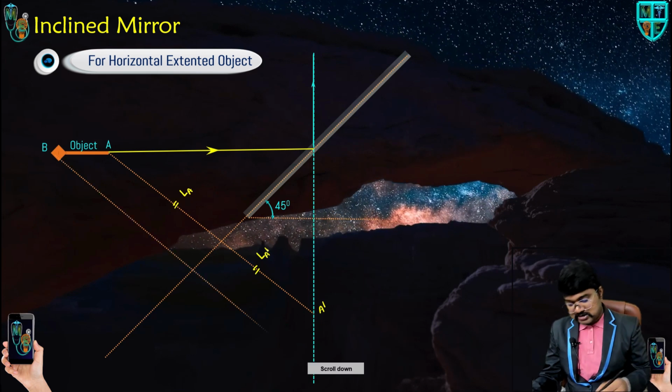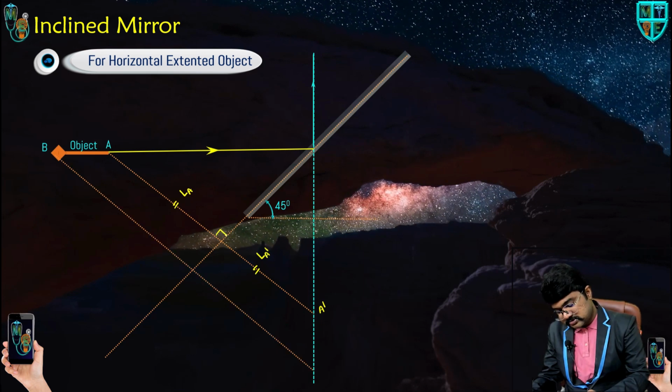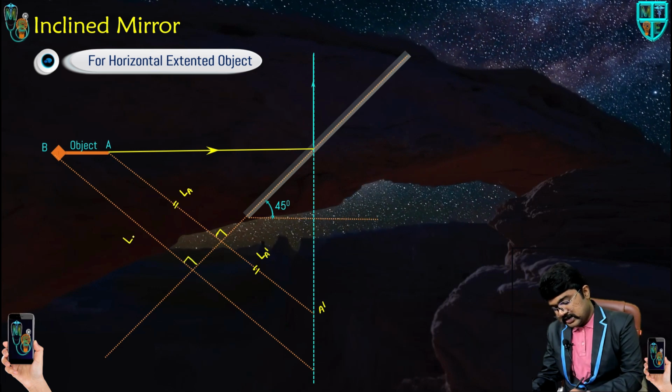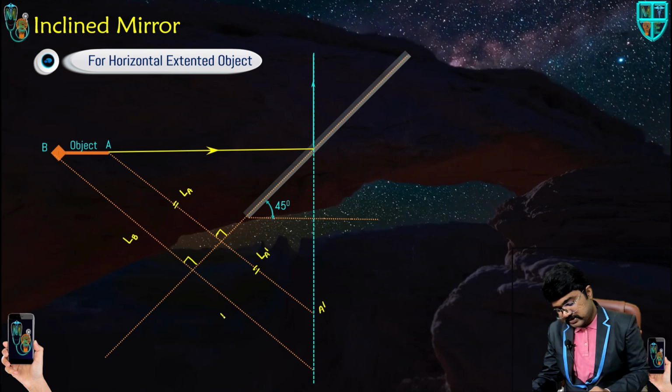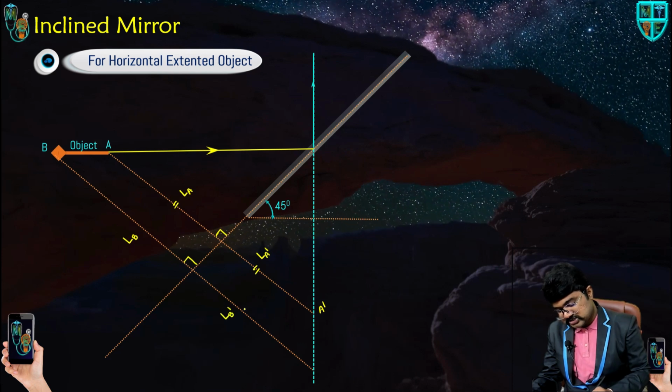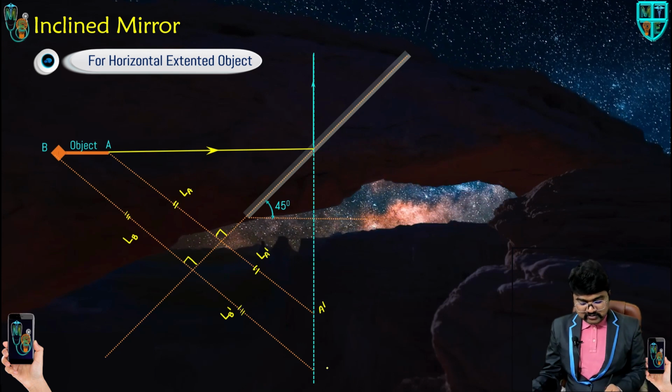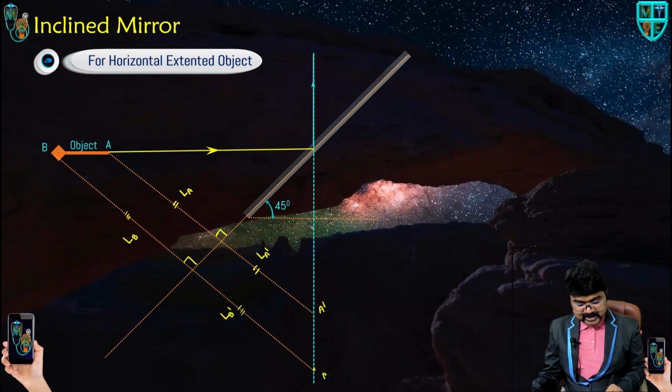Now we can draw one more perpendicular. LB equals LB dash. These two will be equal. So now you will be getting a point B dash.